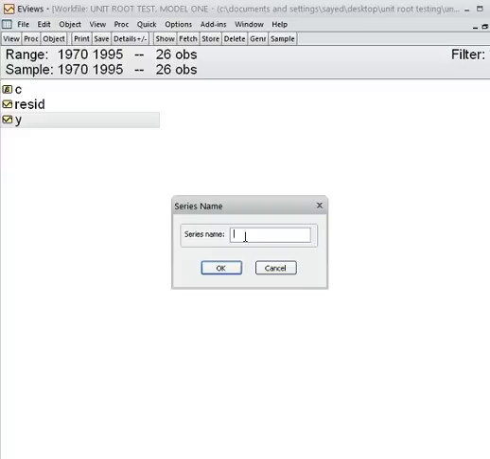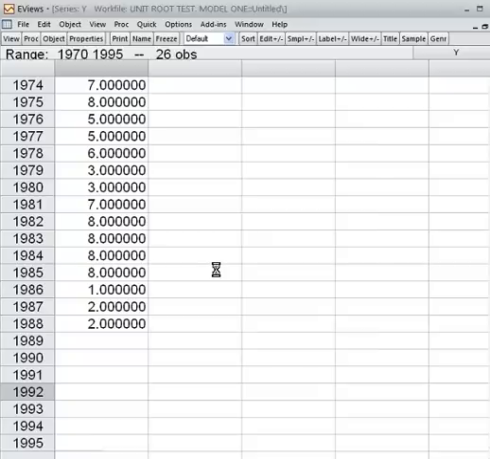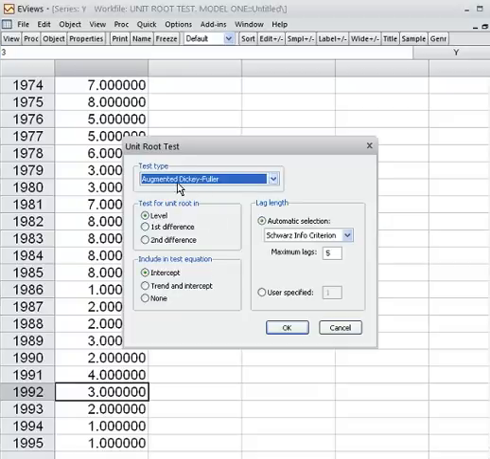Here is y. Y is our variable that we want to test, whether this variable has a unit root or not. So then I press OK. Here you can see augmented Dickey-Fuller is given by default, right?